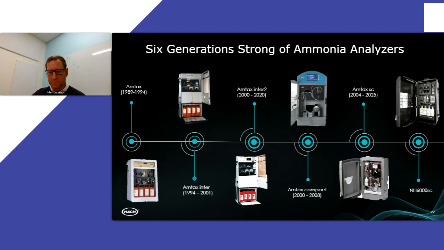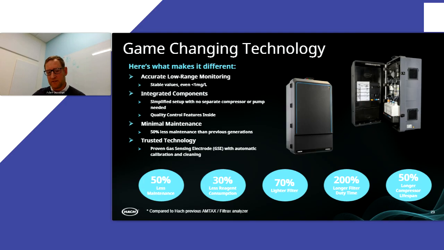What we've done is taken the gas sensing electrode and kept the same technology because it's been a really great technology for low-level nutrient removal, when we're trying to do total inorganic nitrogen removal, ammonia, total Kjeldahl nitrogen removal, as ammonia is a part of all of those things.